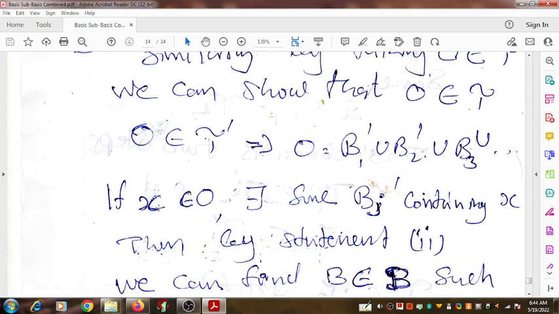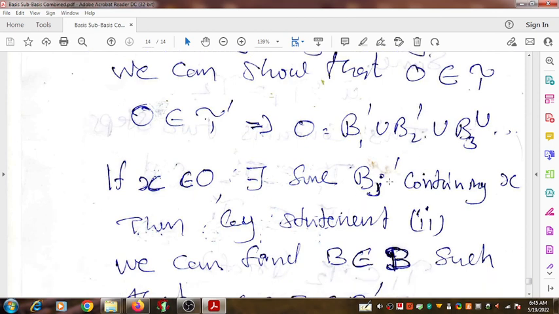We choose arbitrarily a point of the open set. Let x be an element of O, and then x is present in some member of this union. Therefore, there exists some Bj prime in this union that contains x.